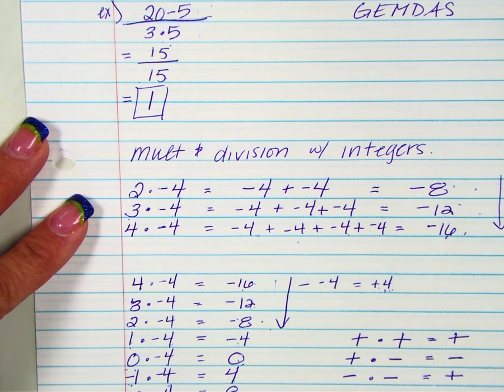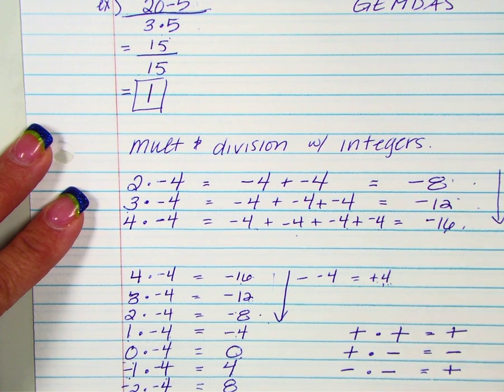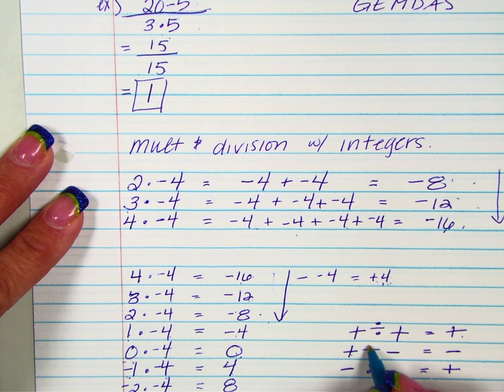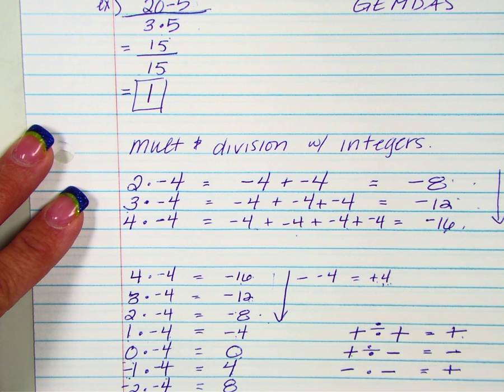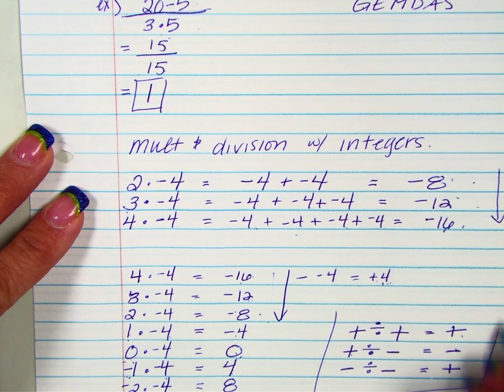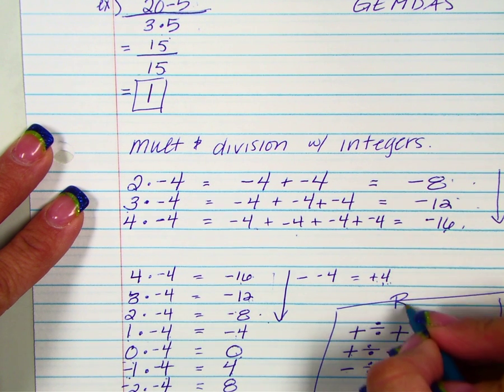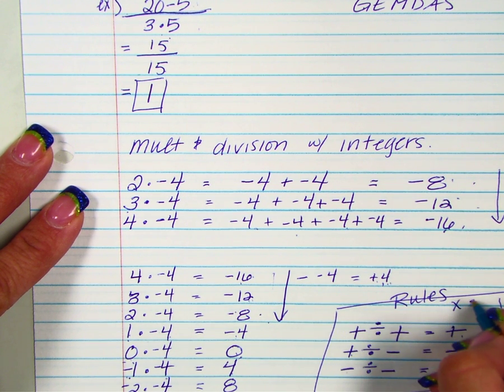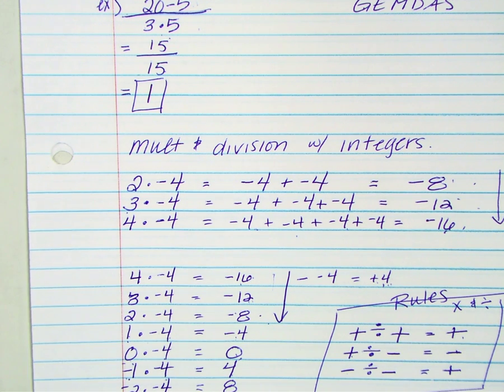And the same thing works for division. A positive number divided by a positive number gives you a positive number. A positive number divided by a negative number gives you a negative answer. And a negative number divided by a negative number gives you a positive answer. So these are our rules for the multiplying and dividing of integers.